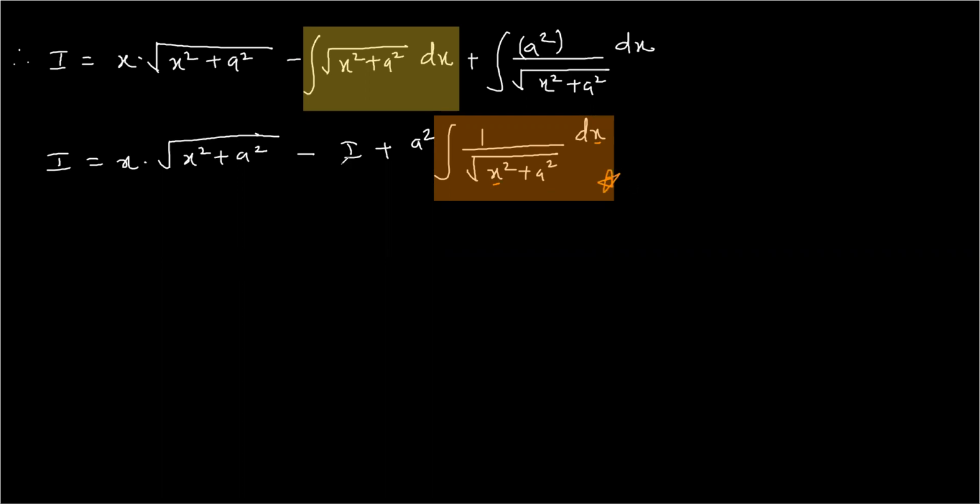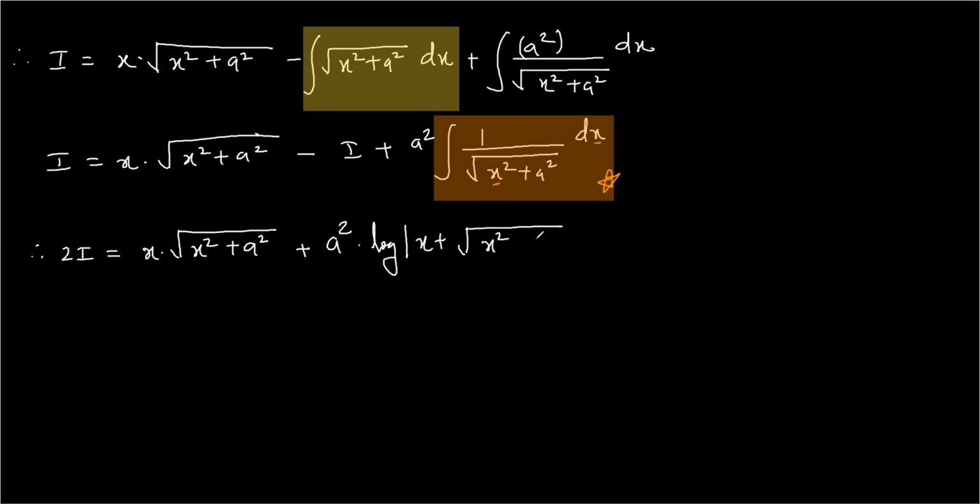So the next step, this I will go to the left, and when I goes to the left, therefore 2I equals x multiplied by square root of x square plus a square, and here I have the integral of this, which is log of mod of x plus square root of x square plus a square, and I will add c dash.